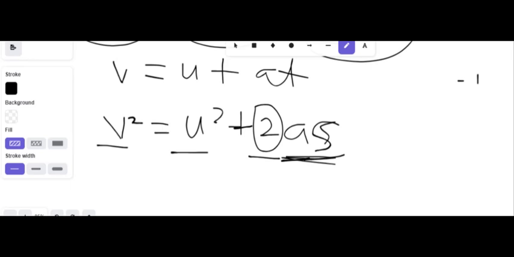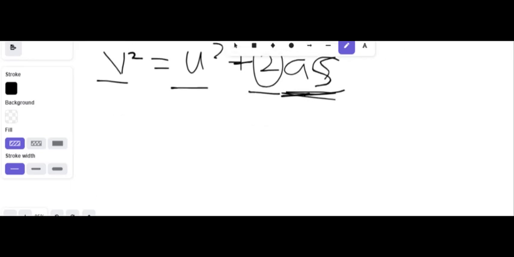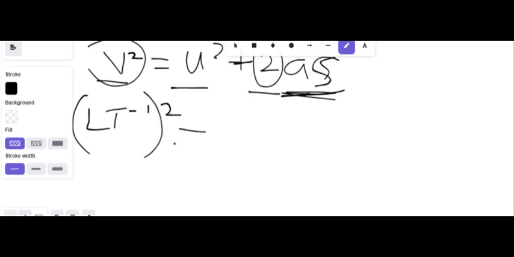So what are we going to do here now? We are going to write the dimension of v, which is velocity. What's velocity? LT to the power minus 1. But this velocity is being squared, so put a bracket around everything here and say it is squared. Equals initial velocity, which is also u, also velocity, so write LT minus 1. Then it has squared.